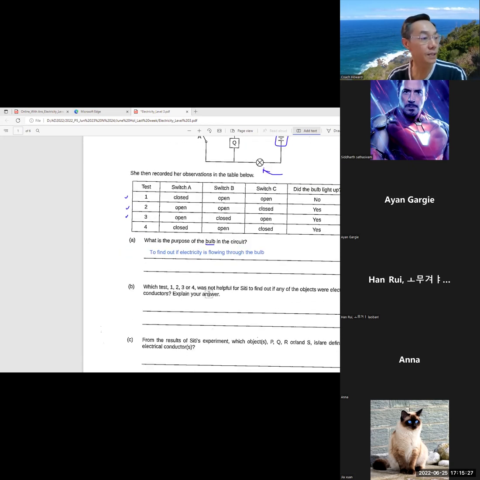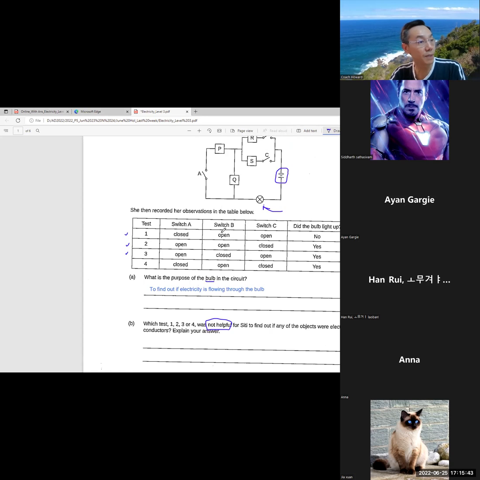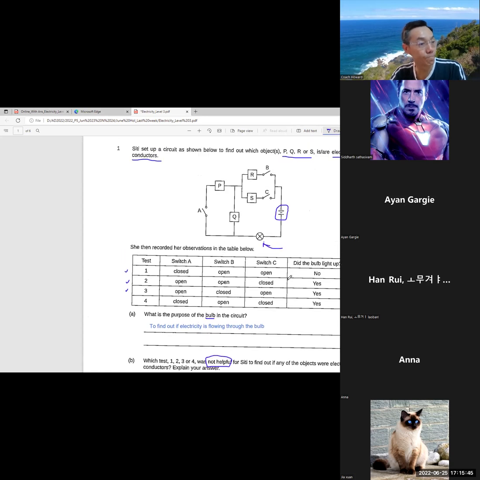Which test was not helpful? So you underline this: not helpful for CT to find out if any object were electrical conductors. You notice a pattern. You look at the power source here. The current will definitely flow upwards, and it will go through B and C, correct?